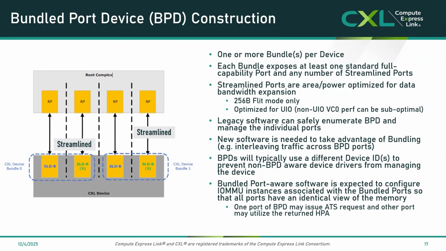It could issue a .cache request on the SLD-B port and use the HPA that was obtained from the other port. So having the same consistent view for each port is important, and that requires software changes.